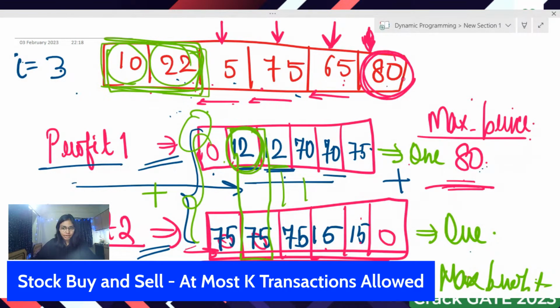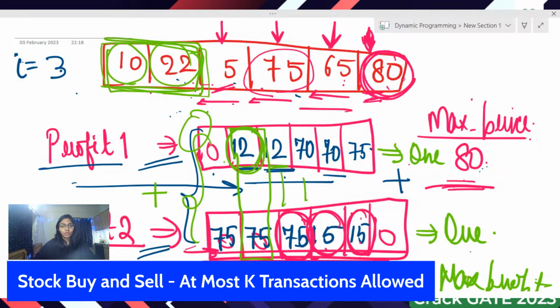When the selling was done at 80, and if you were buying the stock at 65, the maximum value that you were getting was 15. When you were selling the stock at 80 and buying the stock at 75, still the maximum that you were getting was 15. But when you were selling the stock at 80 and buying it at 5, then the maximum that you were getting was 75, right?